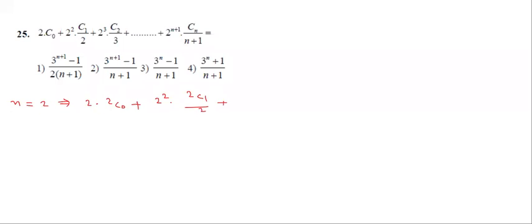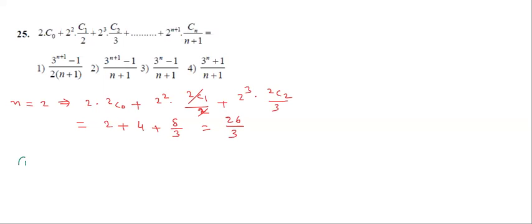Next term, 2 cube into 2C2 by 3. The next term 2C3 cannot exist. Calculate this value. This is 2. 2C1 means 2, 2 cancels, here 4. 2C2 means 1, 2 cube means 8, 8 by 3. Now 4 plus 2, 6. 6 3s are 18. Overall this is 26 by 3.